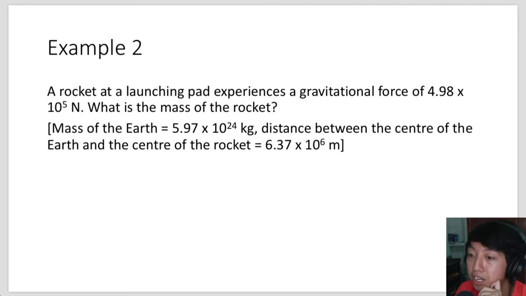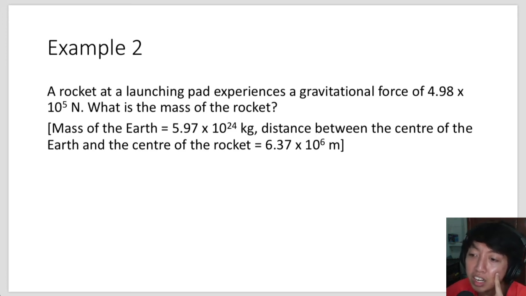Like I said, there are big numbers for this chapter. So yeah, for this chapter, expect to be dealing with fairly large numbers.